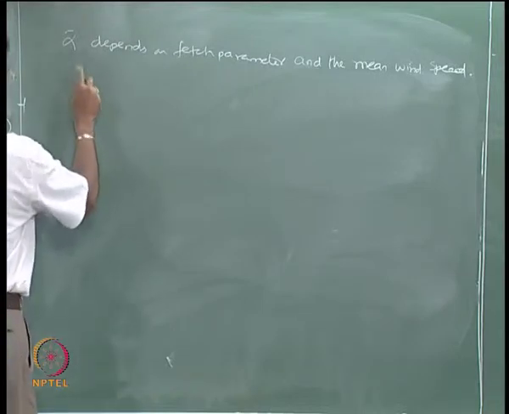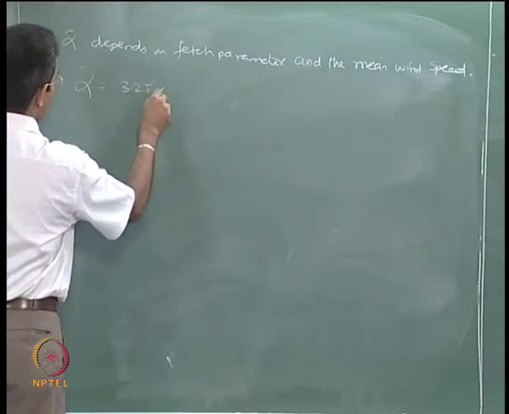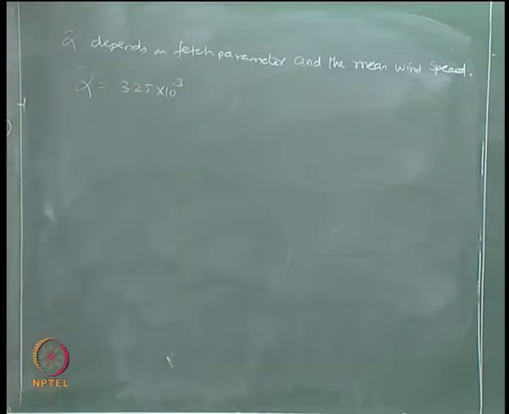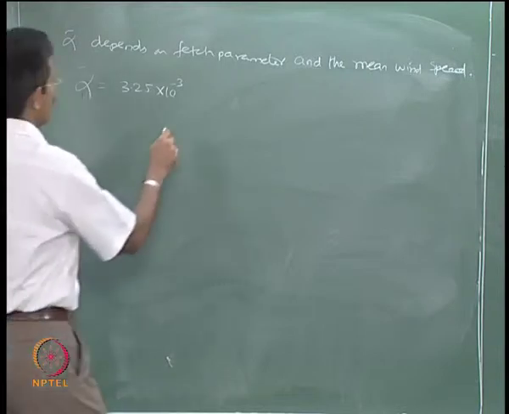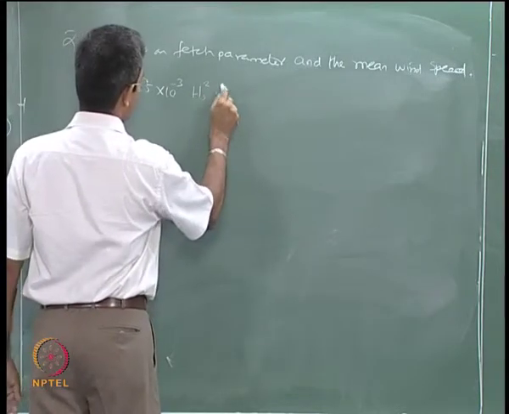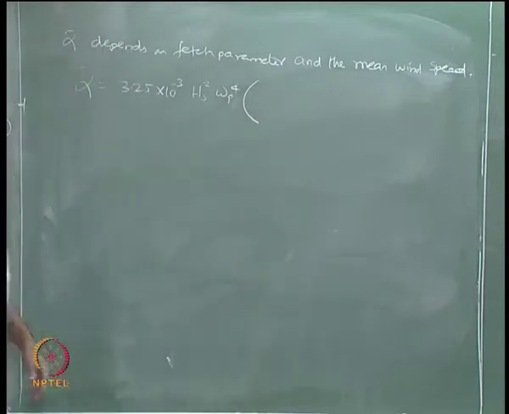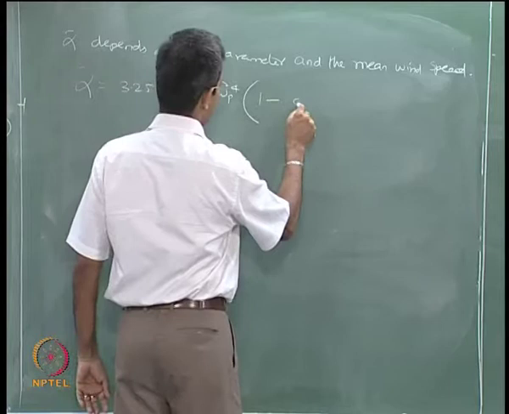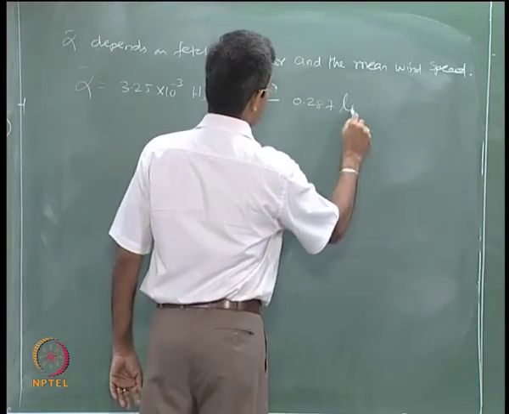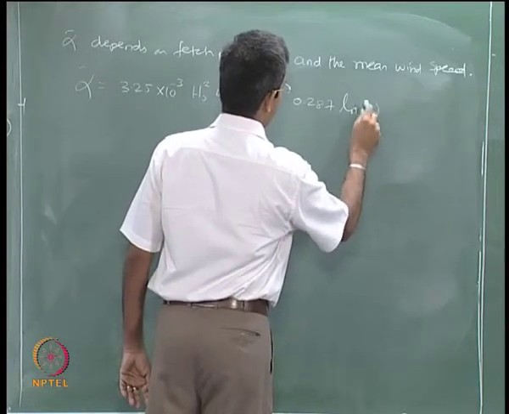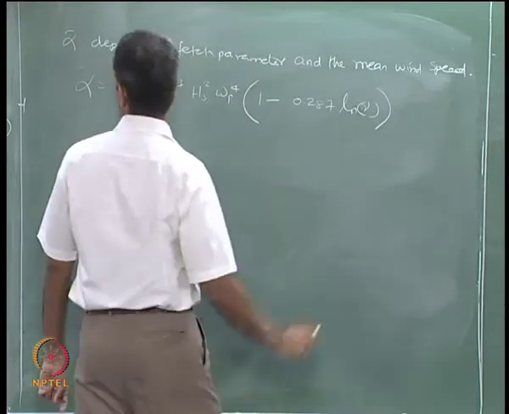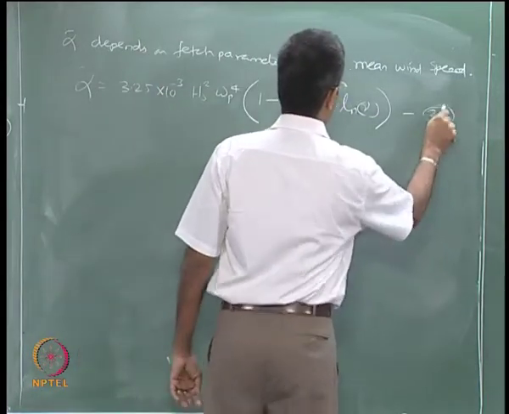Which can be given by natural logarithm of mu. I call this equation number 22.